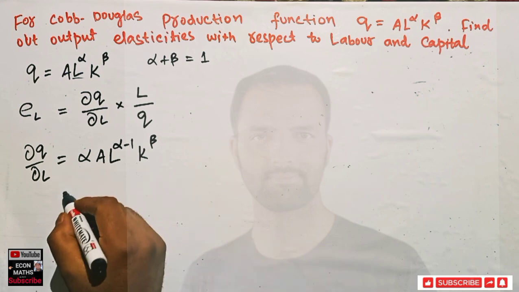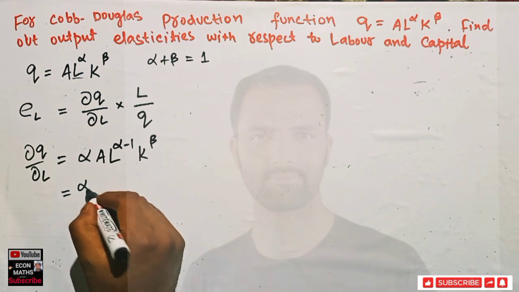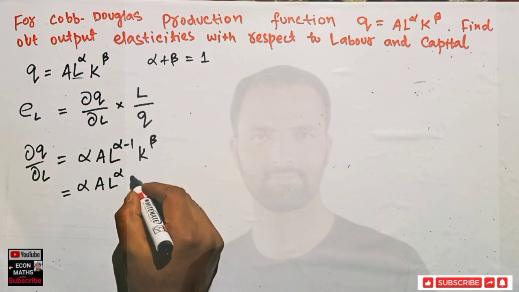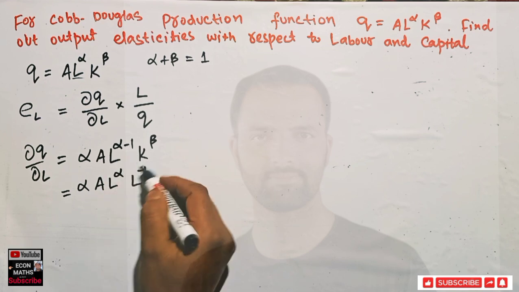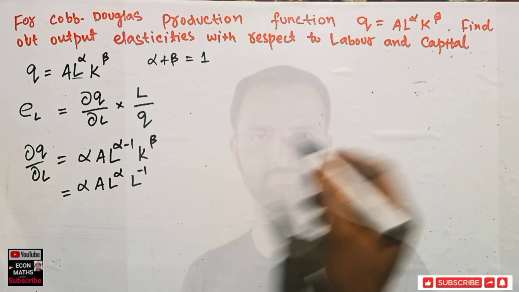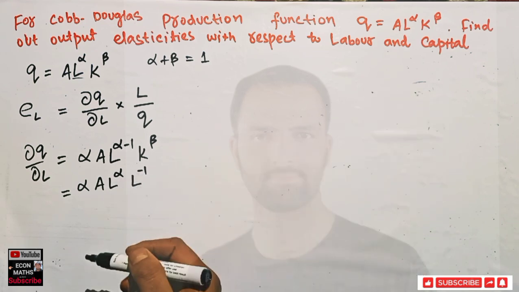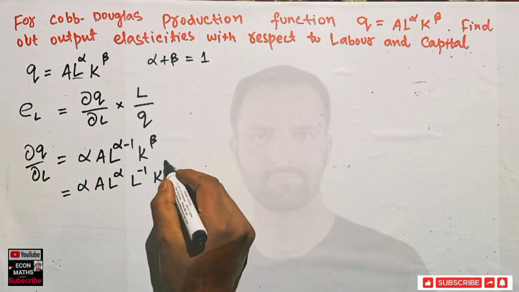Now we can also rearrange this like this: alpha A L to the power alpha into L to the power minus 1. We have just expanded this because when bases are the same, we can subtract the powers, and we have K to the power beta.